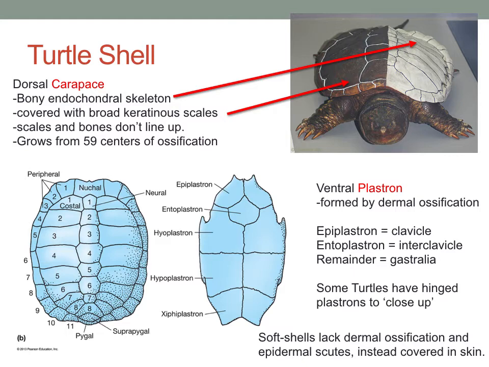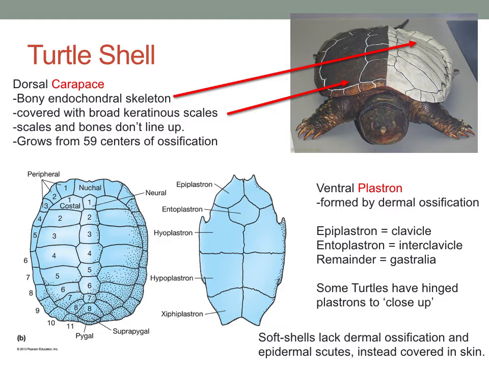And these two parts don't match up perfectly. So there are essentially 59 elements of bone that make up the dorsal carapace. And as it's developing, they basically spread radially from 59 centers. And this is in the skin, and it ossifies with the ribs and the vertebrae, making a total shell.